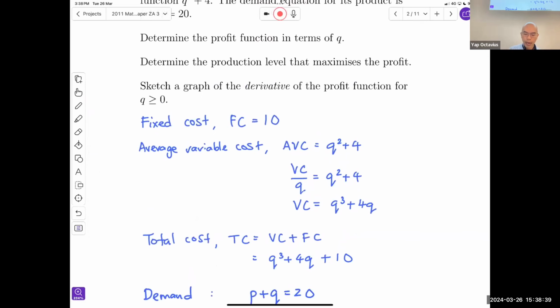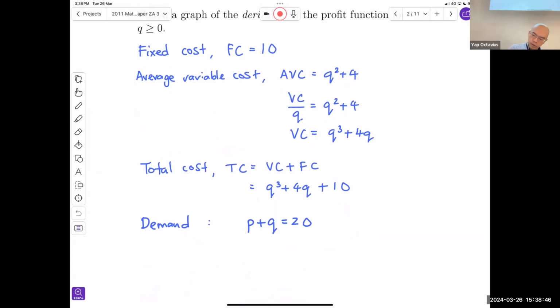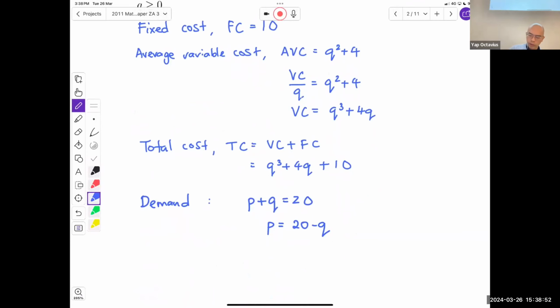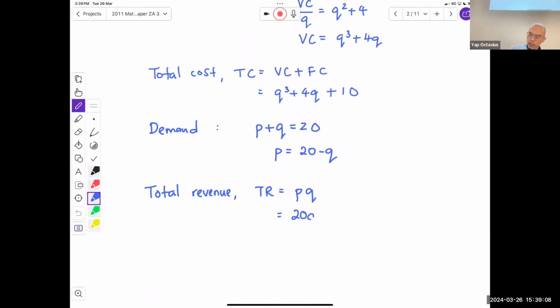So question asks us to determine the profit function in terms of Q. Okay, so we get P equals to 20 minus Q. So now total revenue. Let's look for our total revenue. So PQ. Now this will give us 20Q minus Q squared.